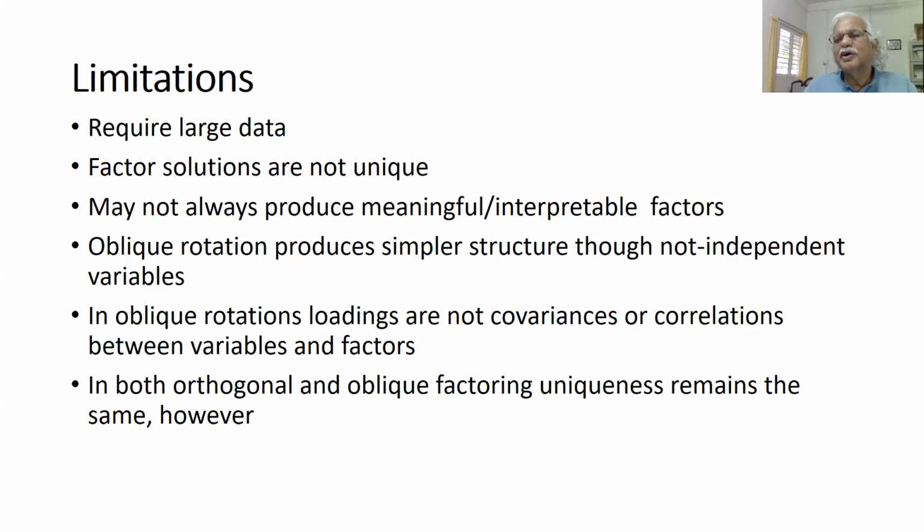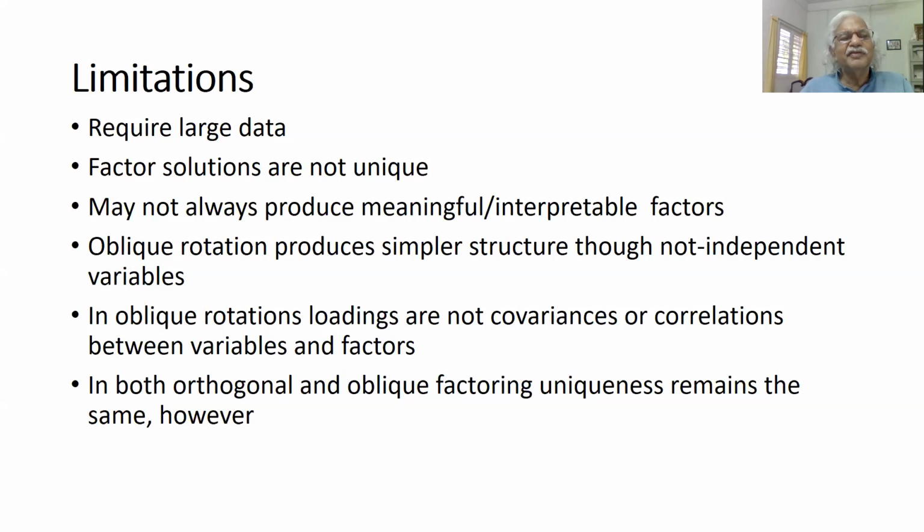But these are ad hoc rules, and in different books, different values of these ratios can be suggested. I would recommend that the case variable ratio should be 25, which means the number of observations should be the total number of variables in your study multiplied by 25.